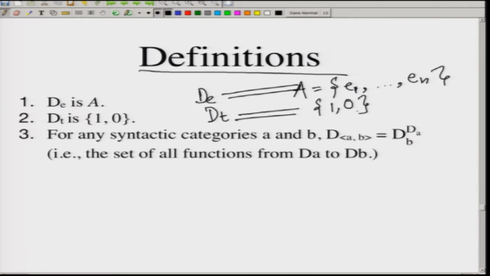Now, what is the device that will help us construct any type? That is, for any syntactic categories A and B, any syntactic category <A, B> can be constructed. Now see, if we remember the definition of a formal system, we can say that here.